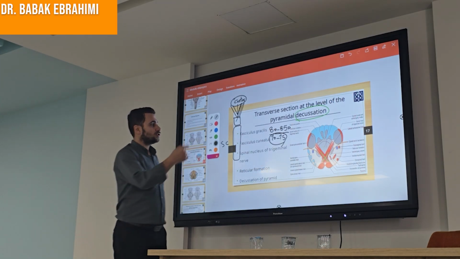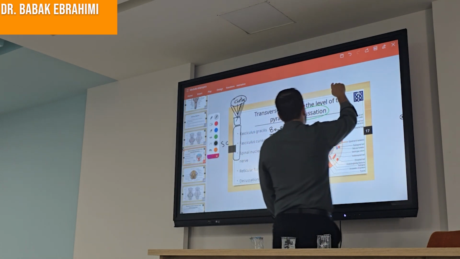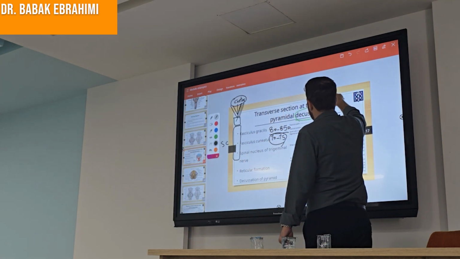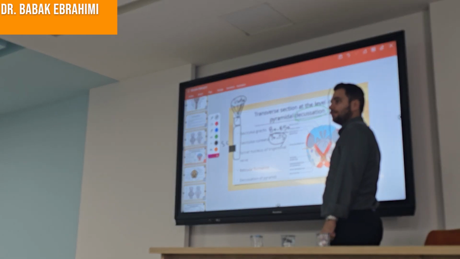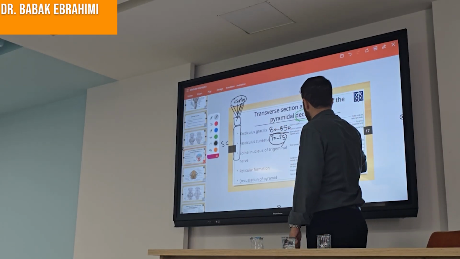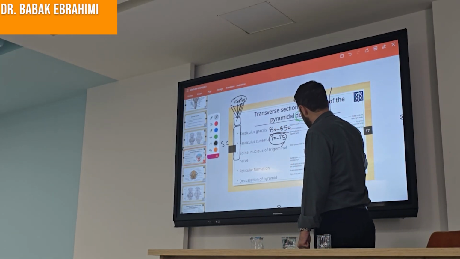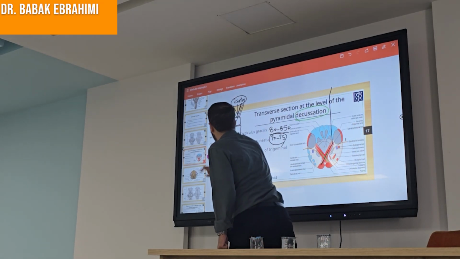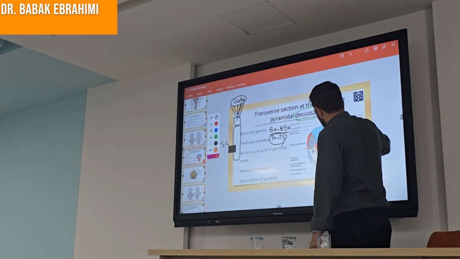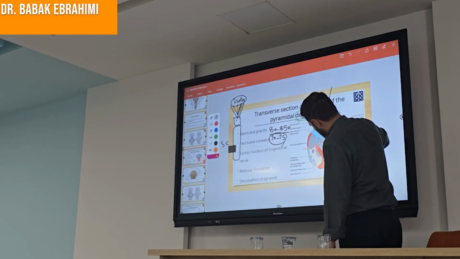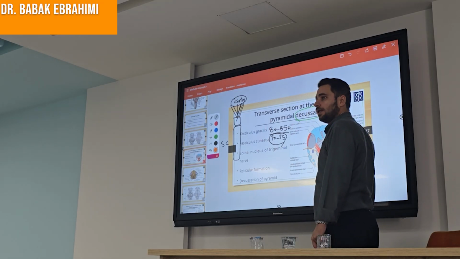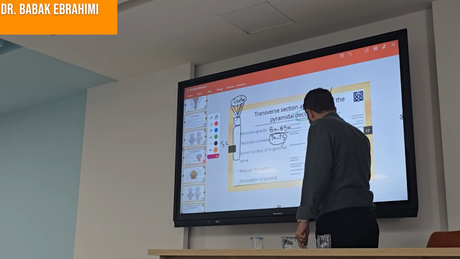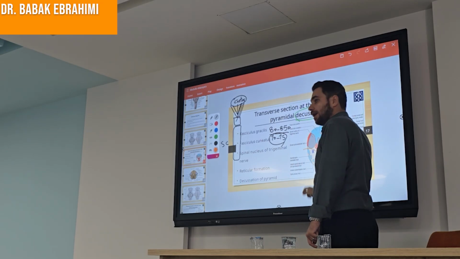They cross at the spinal cord. Okay? So it shows that it starts from the cerebral cortex and comes to the medulla oblongata. 80 to 85% cross at the medulla oblongata. But 10 to 15% continue at this part until the spinal cord. Here we have the spinal cord.